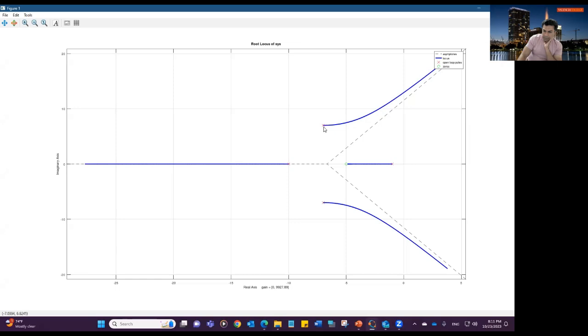And the angle of departure can be calculated. We're not calculating it here, but this is the angle of departure right over here. Likewise, the angle of departure from here will be the negative of this angle. And the angle of departure of this is 180 degrees, and 180 degrees with this as well. But yeah, this is the root locus of that transfer function or characteristic equation.